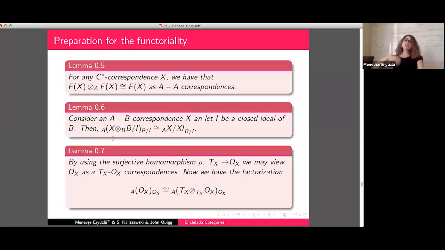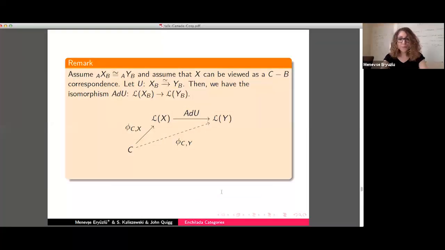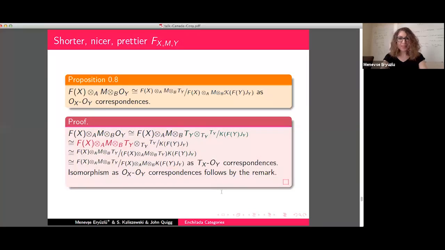Now, using the surjective homomorphism from the Toeplitz algebra to the Cuntz-Pimsner algebra, we may view the Cuntz-Pimsner algebra as a TX-OX correspondence, and we can get this very useful factorization. I'm going to skip this because I don't think I'll have time.